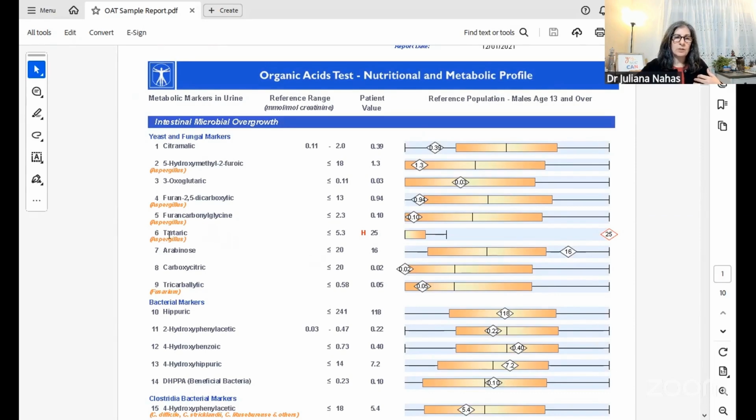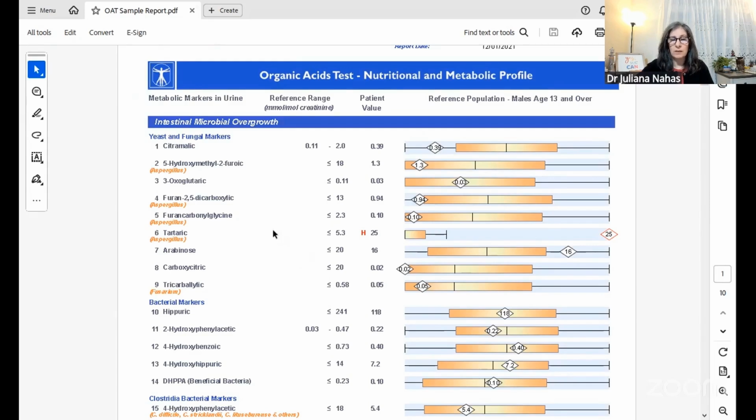These two here, tartaric and arabinose, are particularly telling of yeast, whereas the other markers are more, I would say, particular to mold. So when we look at these markers, we're trying to decipher, is there mold exposure? Maybe that's why, if a child is sleeping in a room that's got mold in it, or has a bathroom that's got mold in it, or in a classroom that has mold in it, you're going to have issues with these markers.